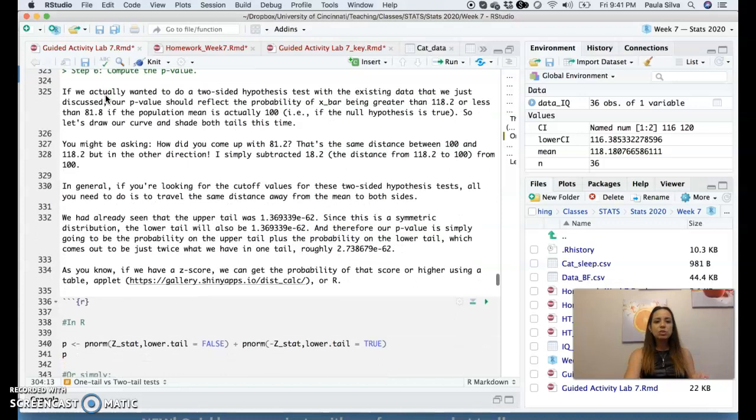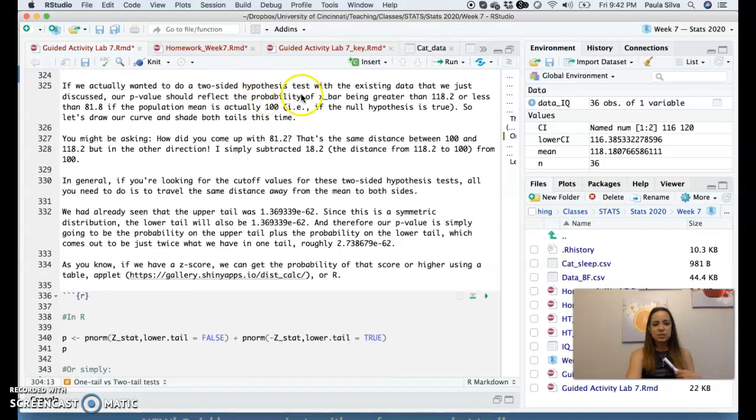If we actually wanted to do a two-sided hypothesis test with the existing data that we just discussed, our p-value should reflect the probability of x bar being greater than 118 or less than 81.8.